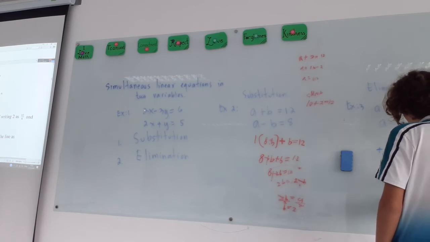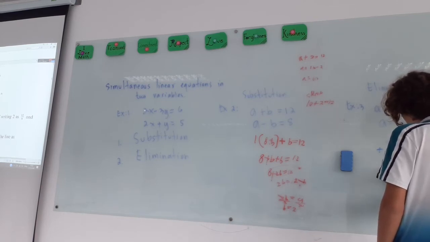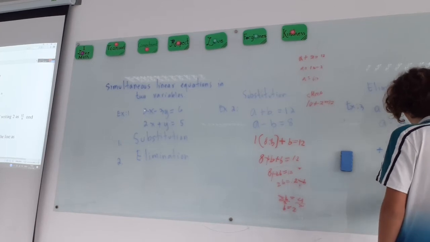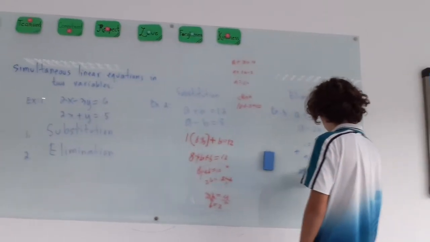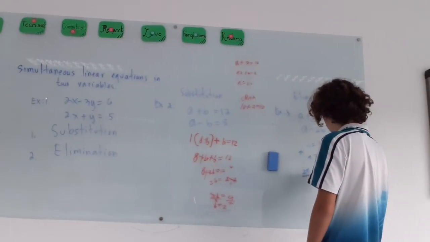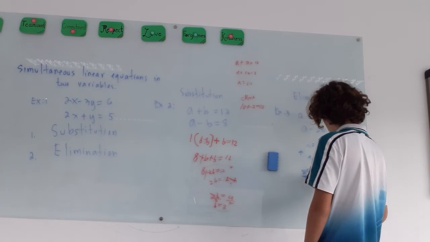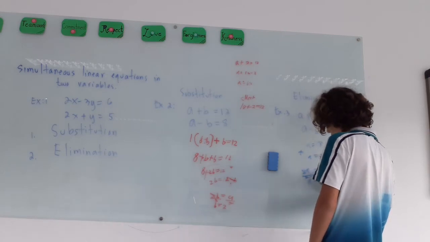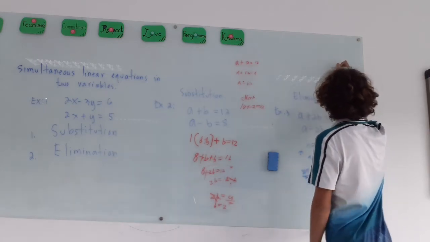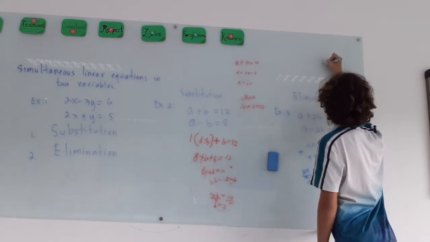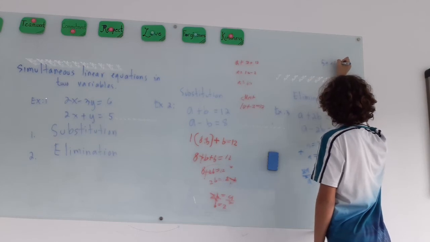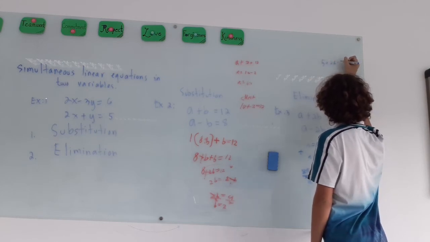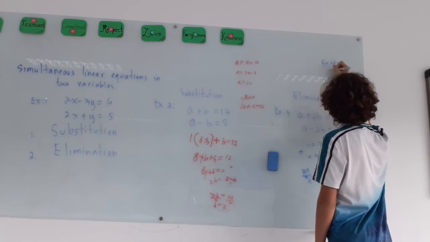A equals to, wait a minute, it will be a 2 before. A equals to 5, means 5 plus 2 equals to 3.